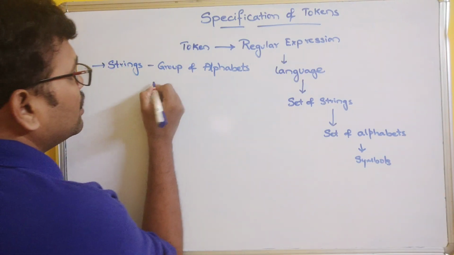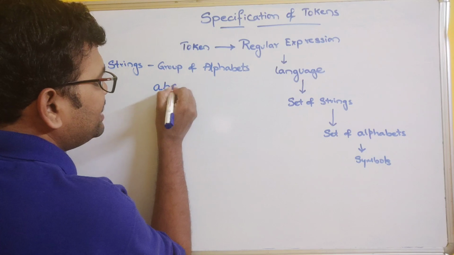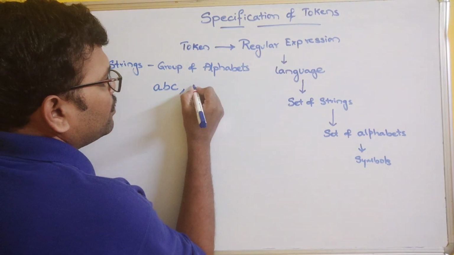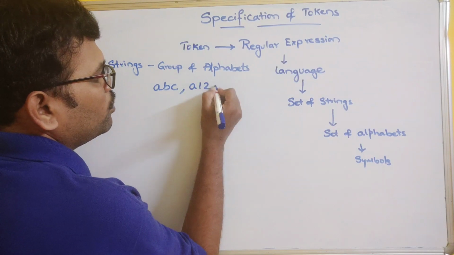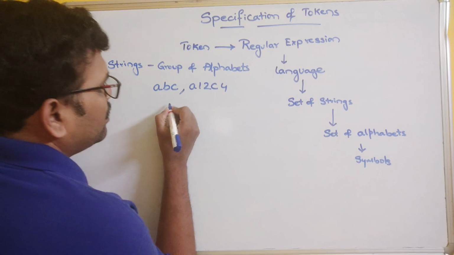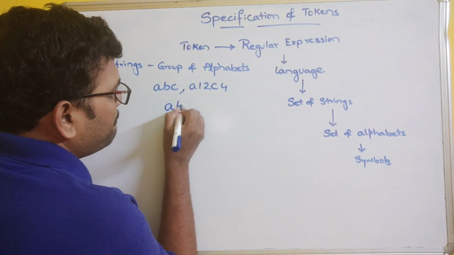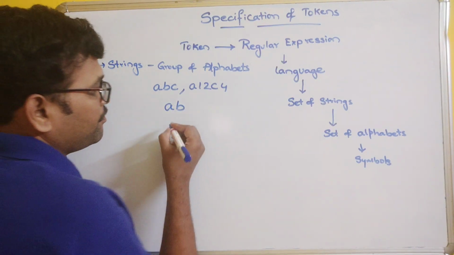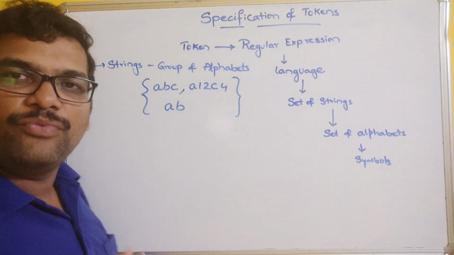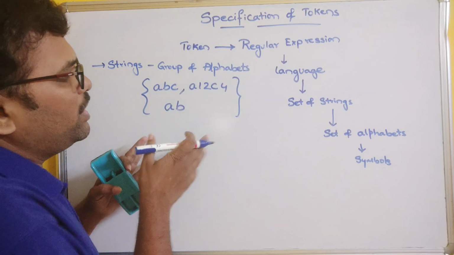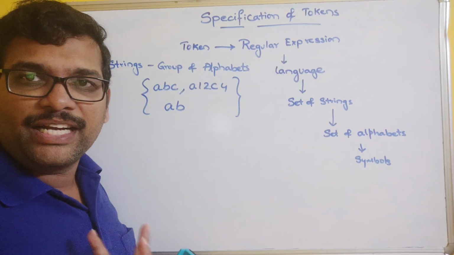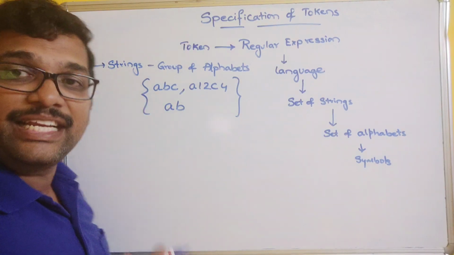For example, let it be A, B, C. This is one string. Similarly, A, 1, 2, C, 4 is another string. A, B is one more string. Like this we can combine a group of characters. Usually the characters can be called alphabets. So a group of alphabets we call a string.